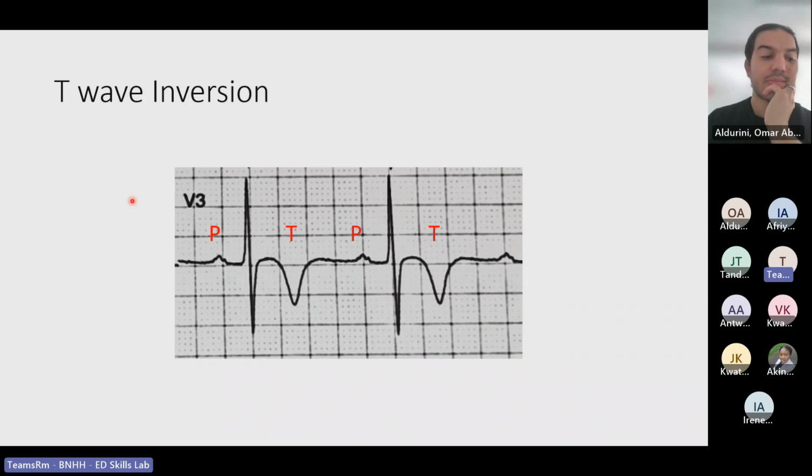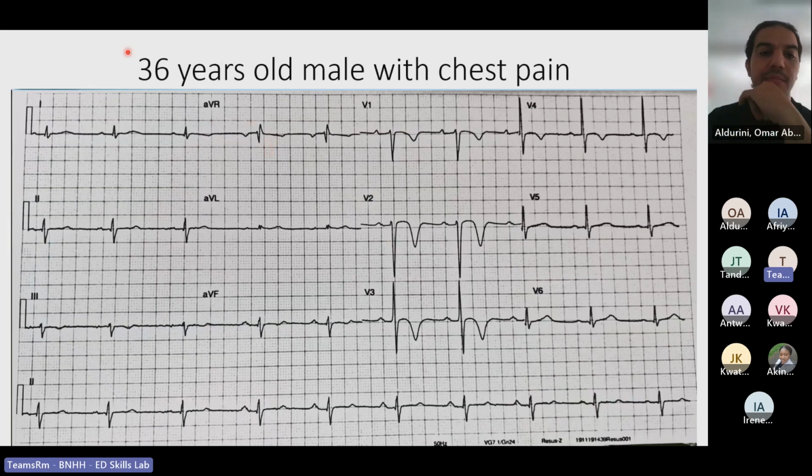I will start with this first ECG here. This is a 36-year-old male who presented with chest pain, an ischemic chest pain. From now on, all the ECGs are standard, and all the patients have just the complaints.